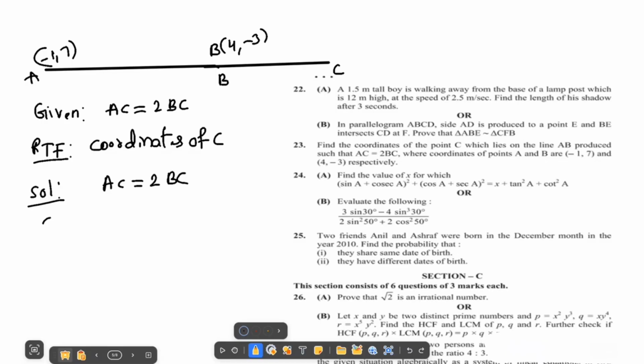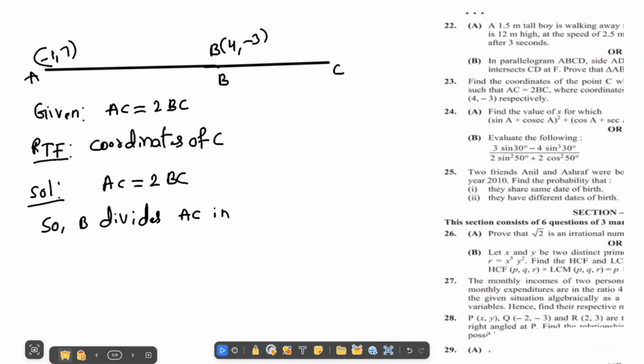So here B divides AC in the ratio of 1:1. That means this B is the midpoint of AC. So B is the midpoint of AC.